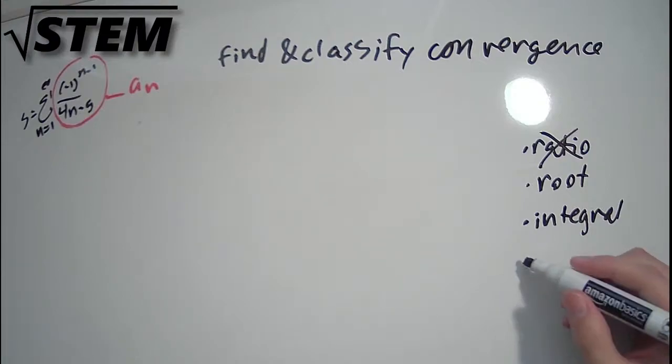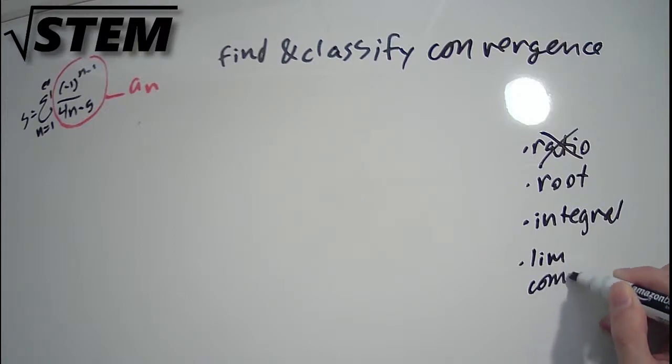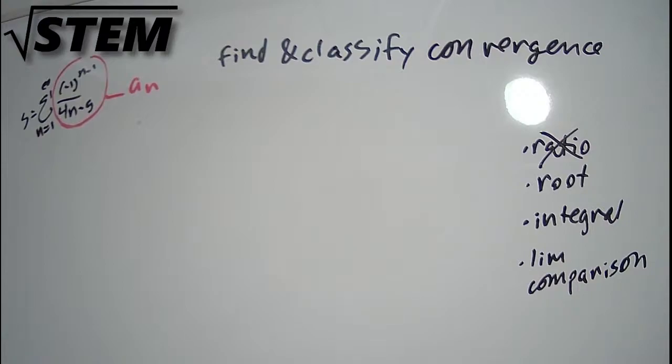Does that one let us determine conditional or absolute convergence? Oh, alternating series test, of course.